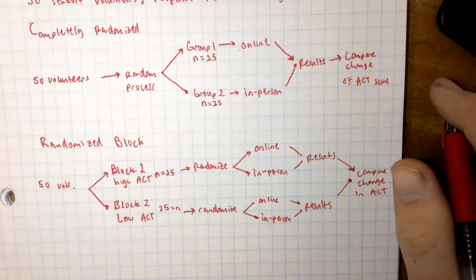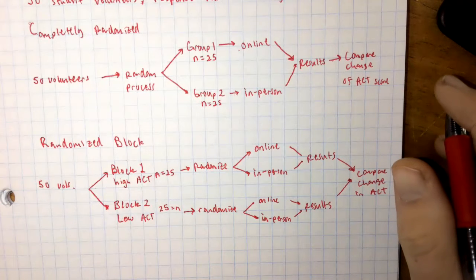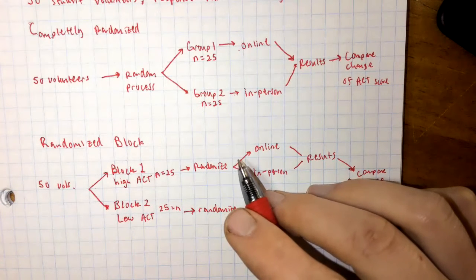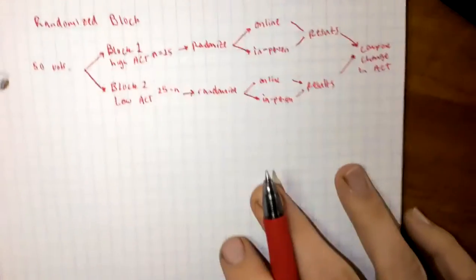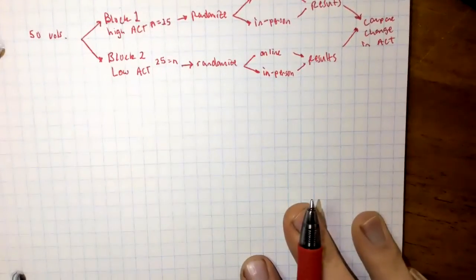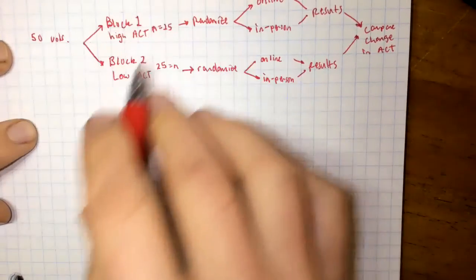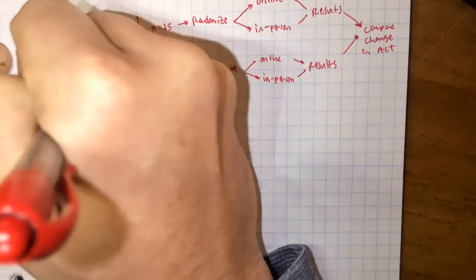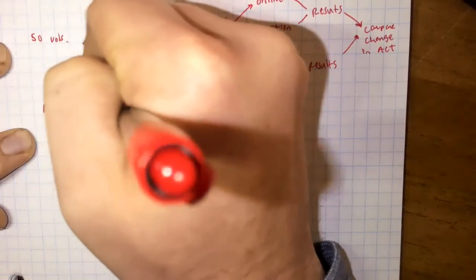Okay, so blocking. What is blocking? You place people into categories before you randomize to reduce variation. Now, within block designs, there's also a special case scenario. Within blocks, there's a special way of blocking, and that is called matched pairs. So I'm not going to draw the entire diagram for this one, but we'll get the idea.